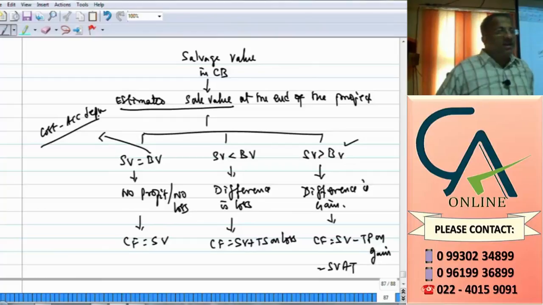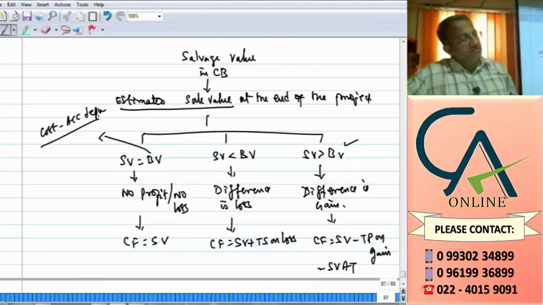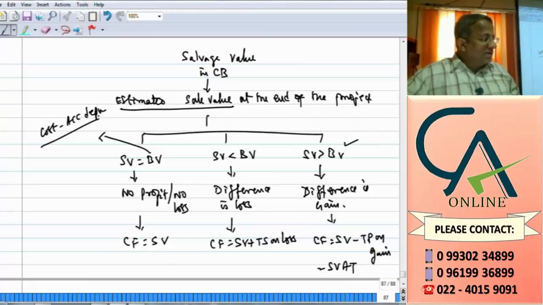Payment of tax will be there only when there is a gain. Tax is not imposed on sale. It is not sales tax. It is only on the gain. Only when there is a gain do I have to pay tax. So most of the cases might be salvage value equal to book value. That's it.